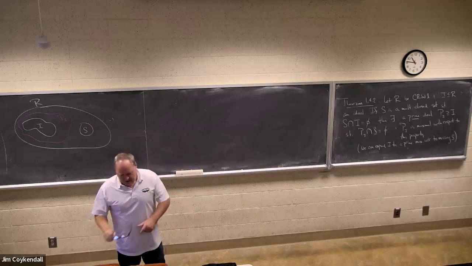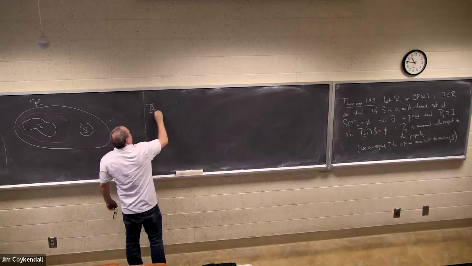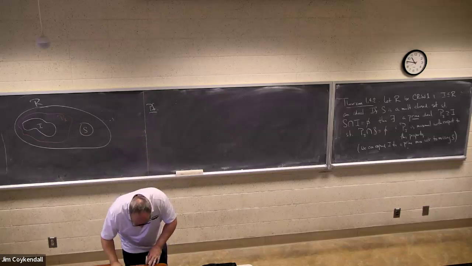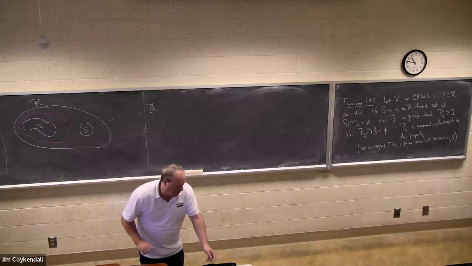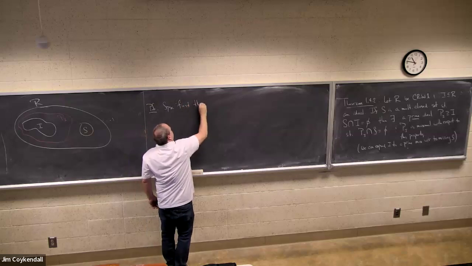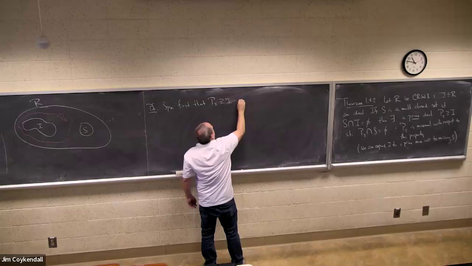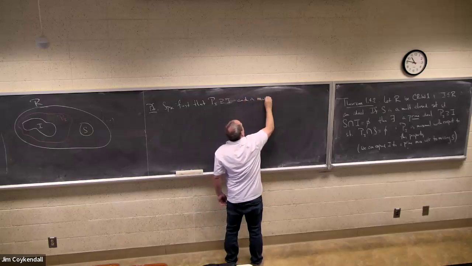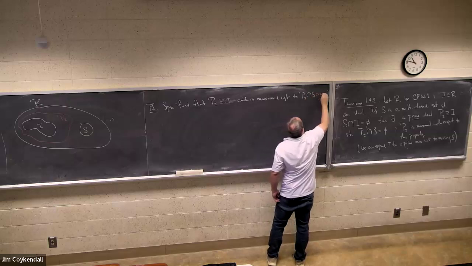And it comes with our friend Zorn. Okay, so the first thing I'm going to do is suppose first that P_I contains I and is maximal with respect to P_I intersect S being empty.